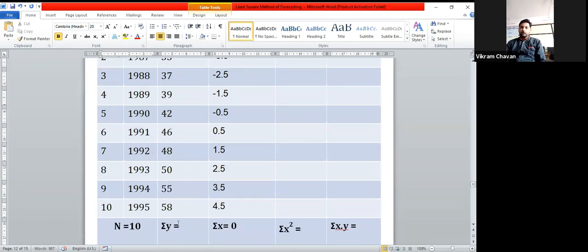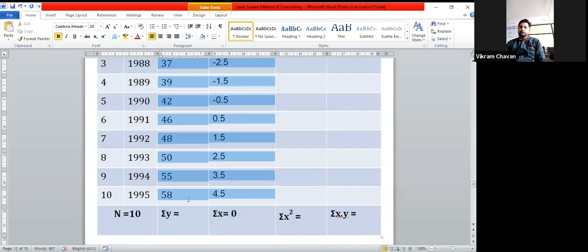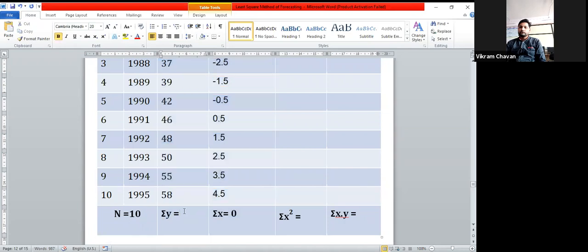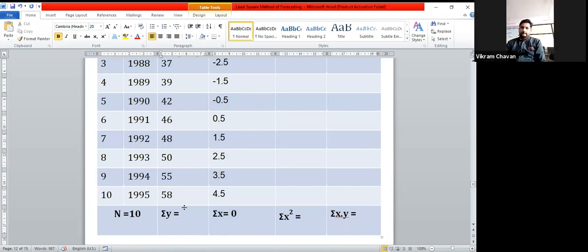Then we have to calculate the summation of y, which means the sum of the sales demand. So you have to add up all the sales values. Do the calculation and kindly let me know the value of the summation of y.